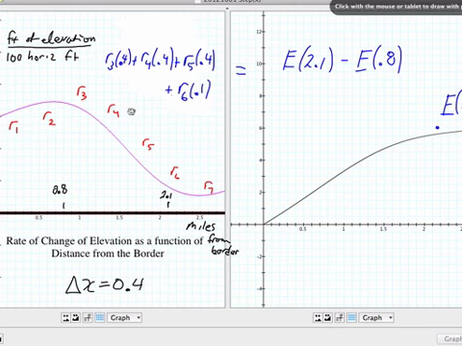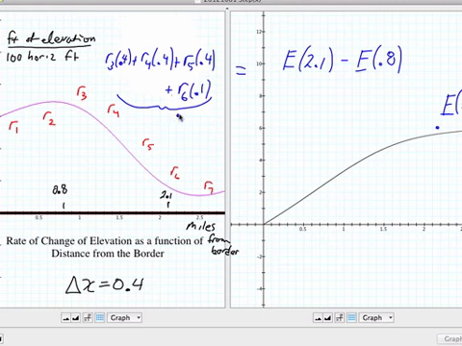How can we express it now? As delta x gets sufficiently small, Corey, what integral? Starting at 0.8 to 2.1, R(x) dx.